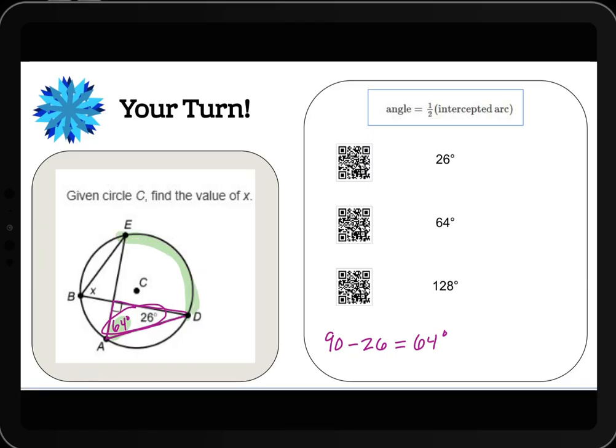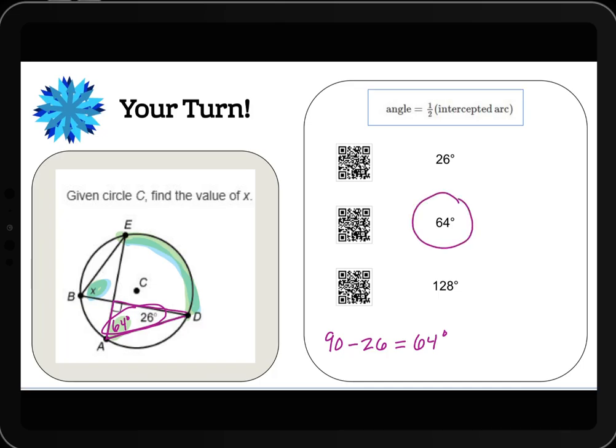That means that this measure here is going to be equal to 64 because it also intercepts this arc. The two inscribed angles located at angle B and angle A intercept the same arc. That means they both are going to be 64 degrees.